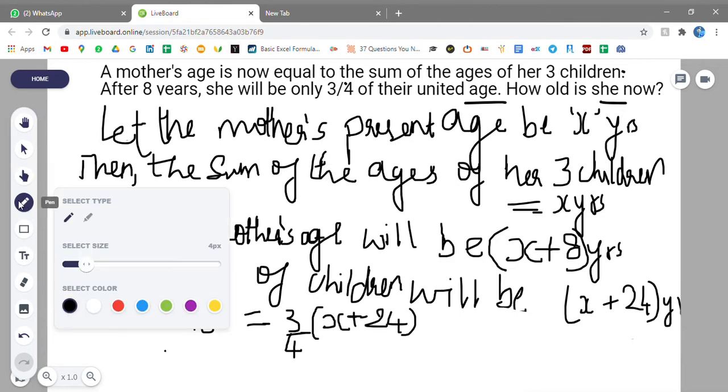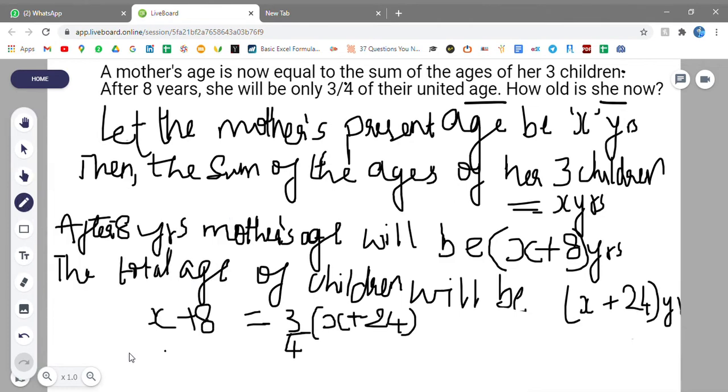So the next step is going to be 4 into x plus 8, since it was division here and I took it on to the other side for it to become a multiplication, is equal to 3 into x plus 24. This is what we have after simplification.